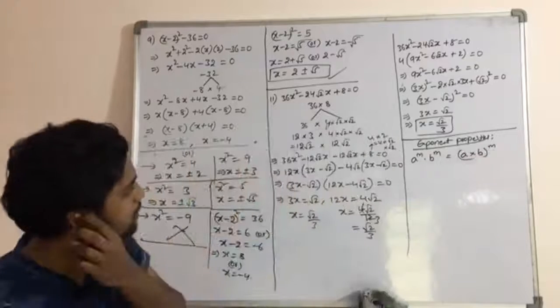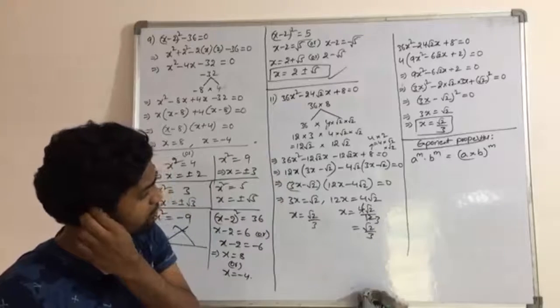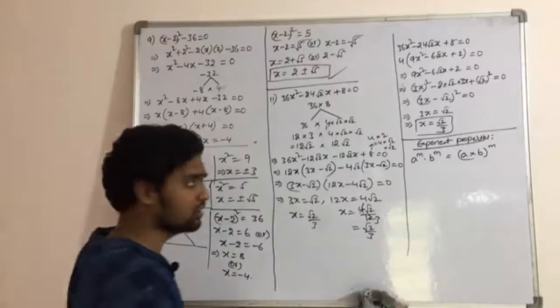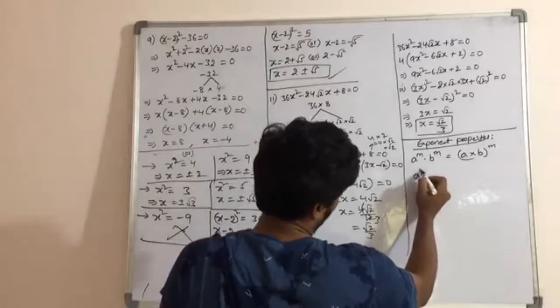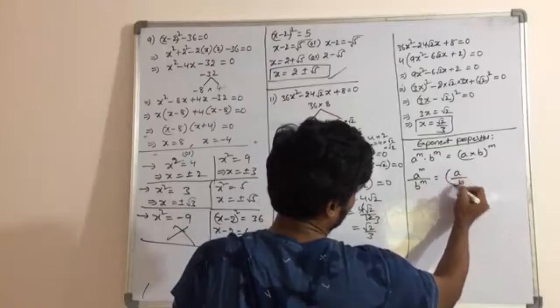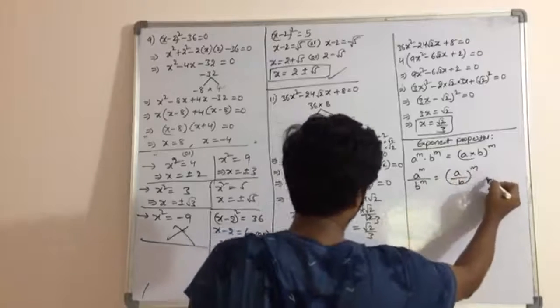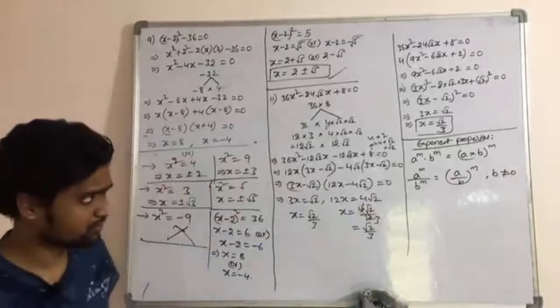Is that understood? And a power m by b power m is equal to a by b whole power m. Obviously, b should not be equal to 0.